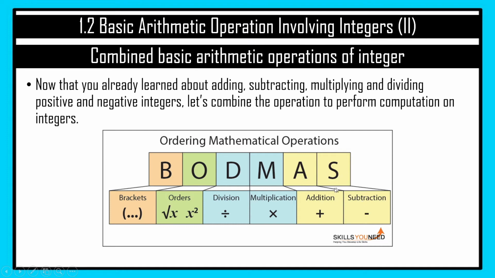These two are the lowest in our operation. So let's recap. We are going to do anything that is in bracket first, then followed by division or multiplication. Lastly is addition or subtraction. Okay, let's see how to use this in our computation.